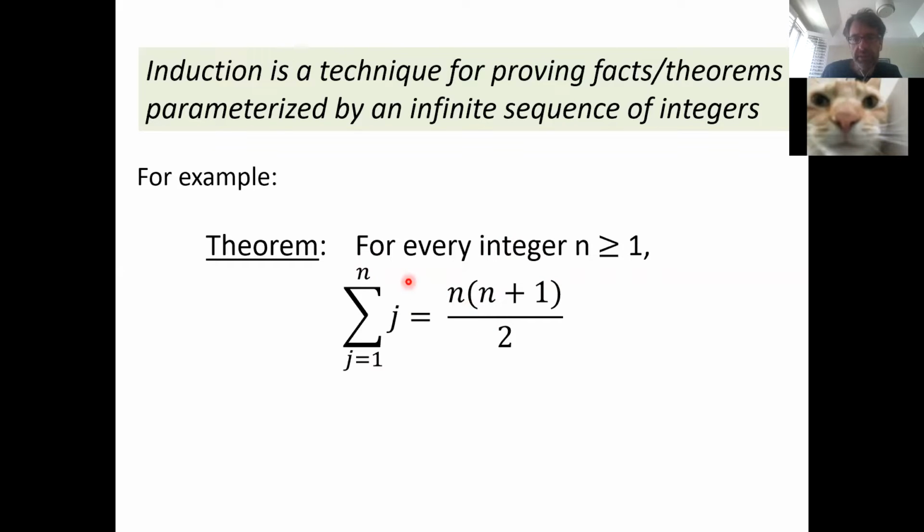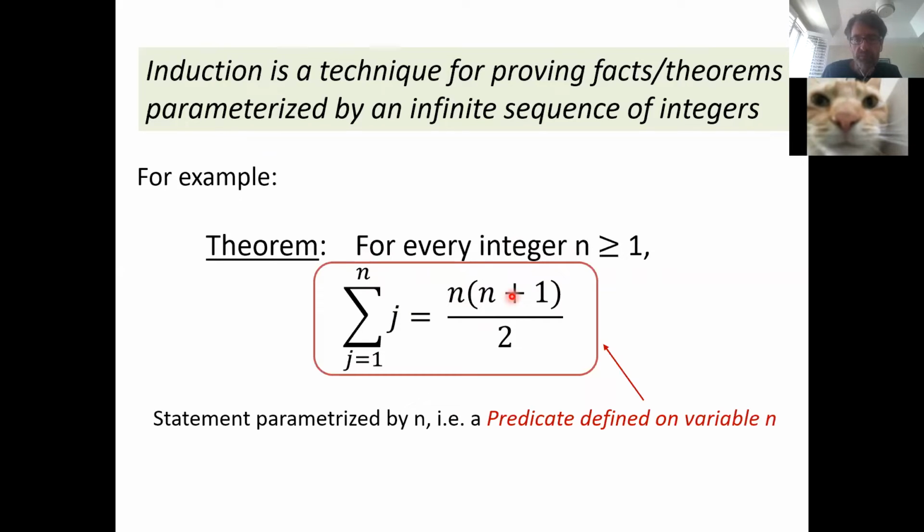And what does this statement say? It says that whatever this function of n is, then on every positive integer argument, this function of n and this function of n have the same values. Okay, and that's a predicate on n. So it's a statement that is parameterized by an argument, where the argument is an integer.